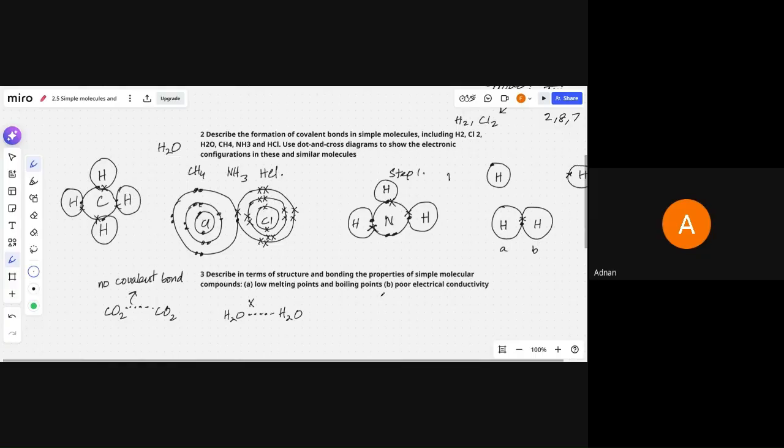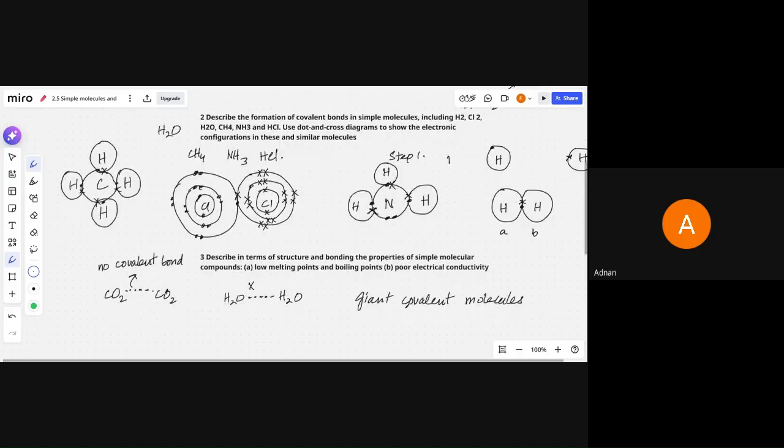And on the contrary, we have giant covalent molecules. It is important that I talk about it here so that you can understand. So giant covalent molecules. What will be the definition, or what will be the concept of giant covalent molecules?